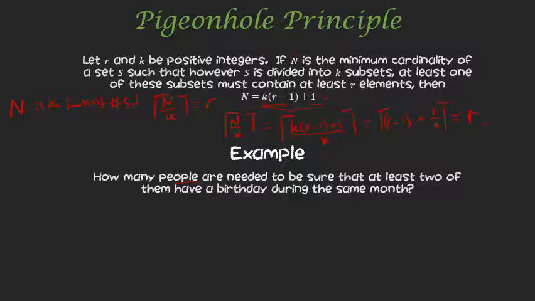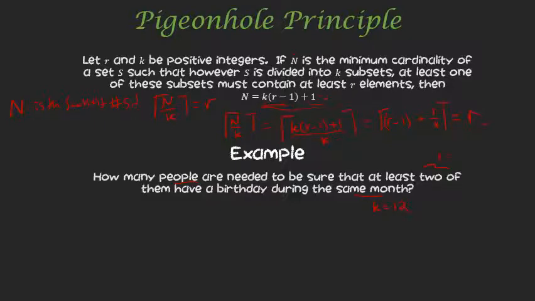And so the different kinds of people, well, the question's asking about how many people have birthdays during the same month. So these are my kinds of people. I'll group them based on the month they were born. And so how many months are there? There are 12 months. So this is really telling me that k should be 12 in the statement of the Pigeonhole Principle. And how many do I want of the same kind? Well, I want 2.